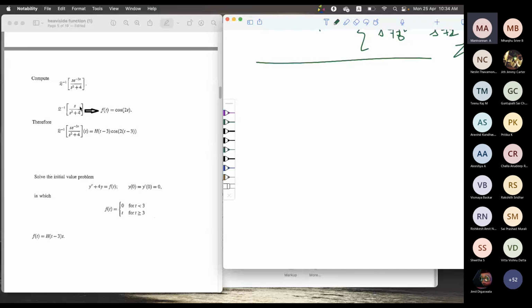Now consider this: compute L inverse of s into e raised to the power 2s divided by s square plus 4. So this exponential whenever it is involved in your function, it is L inverse of f of s. So that time we should use this Heaviside function or impulse functions.